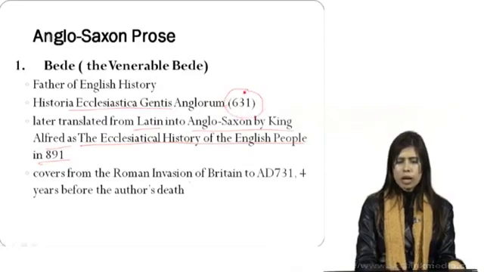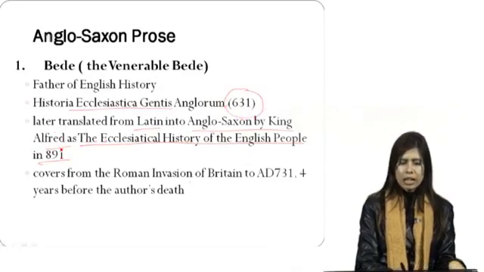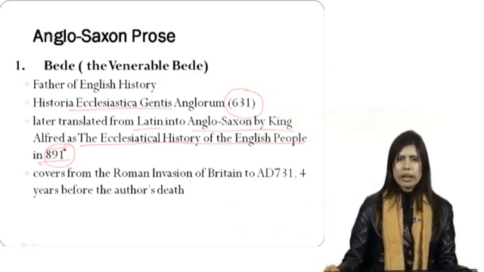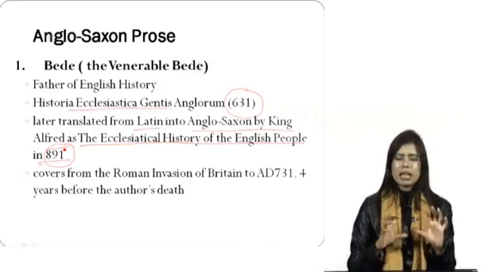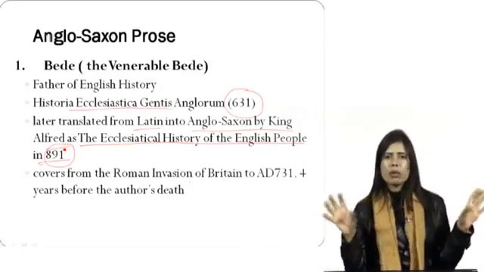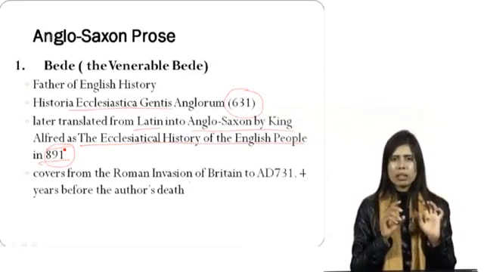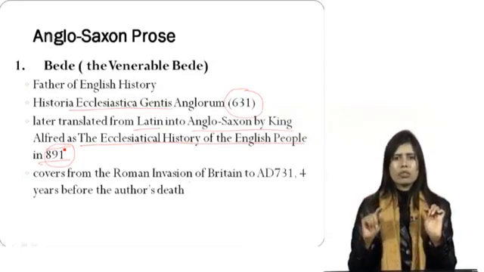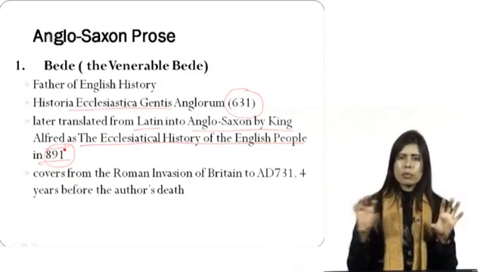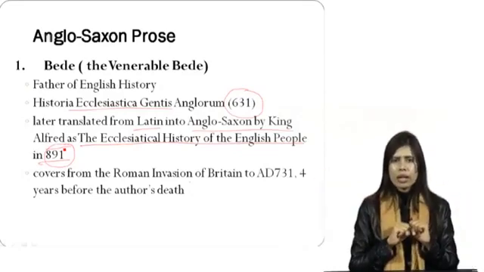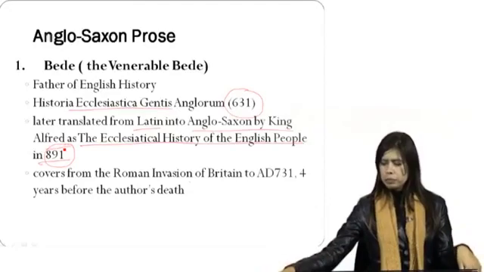He wrote a book in Latin, and later on in 891 it was translated by King Alfred. So this is a great landmark as well. The book covers the Roman invasion of Britain up to AD 731, which was four years before the author's death. So he covers all the events of the history in that book.